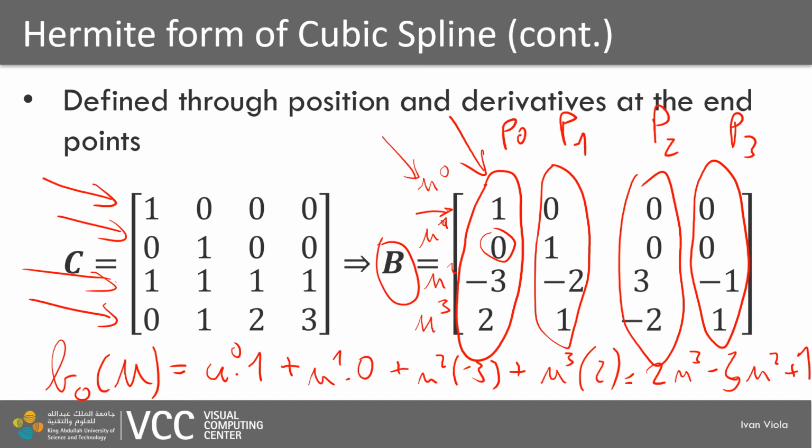So this is the first basis function, which is associated with the point P0. And so we multiply this term with the point P0. And then we multiply the other terms with the corresponding other control points, because we do not have points only, but also the first order or second order derivatives.